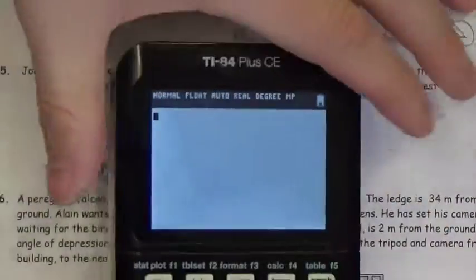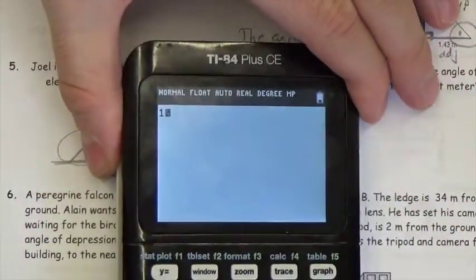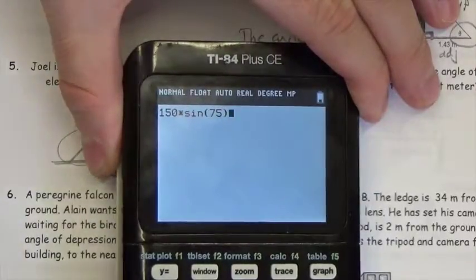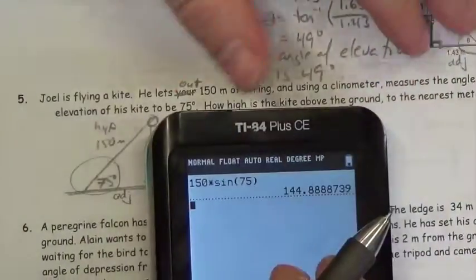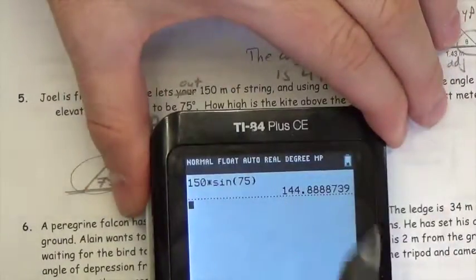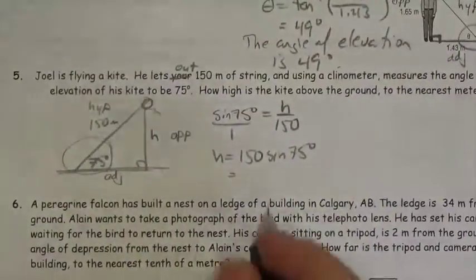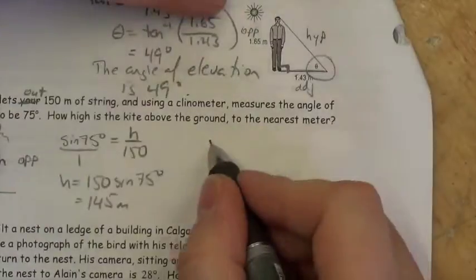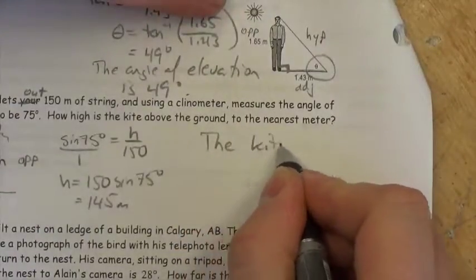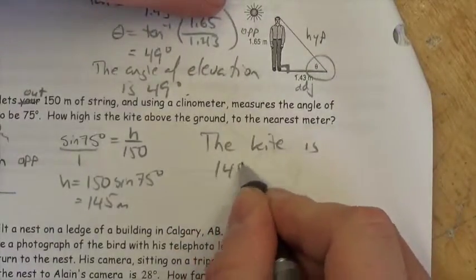Now I'll go to the calculator. 150 multiplied by the sine of 75. Press enter. And to the nearest meter, that's 145 meters. So the kite is 145 meters up.